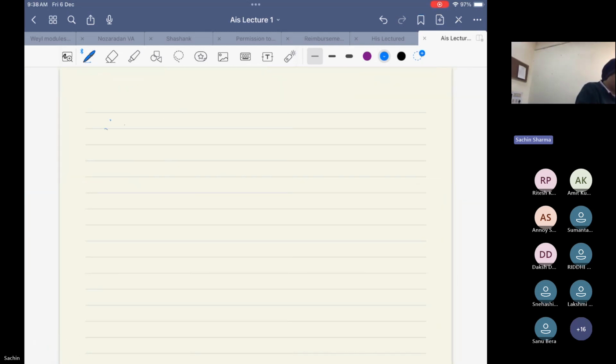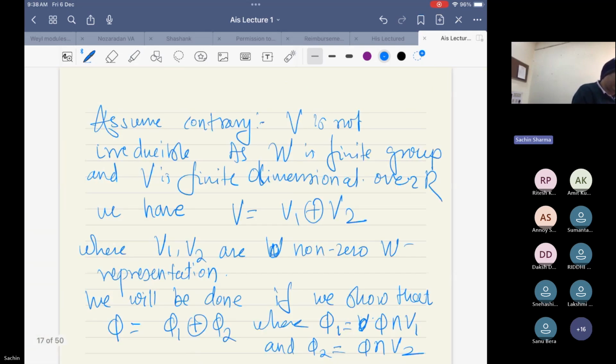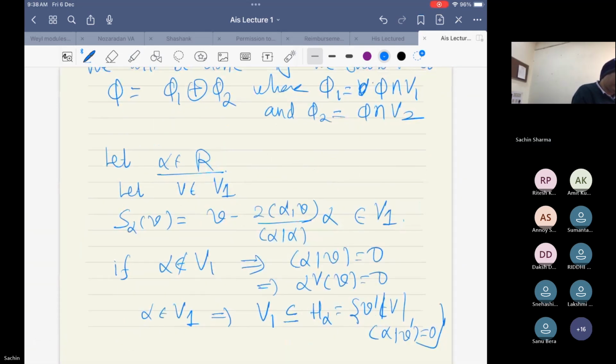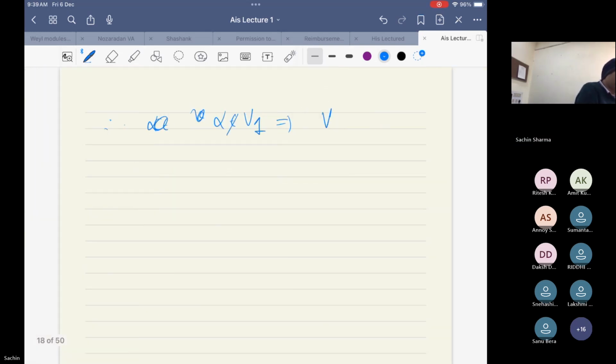Suppose alpha does not belong to V1, that would imply V1 is contained in H alpha. But V1 is contained in H alpha direct sum R alpha, because that is your whole V.